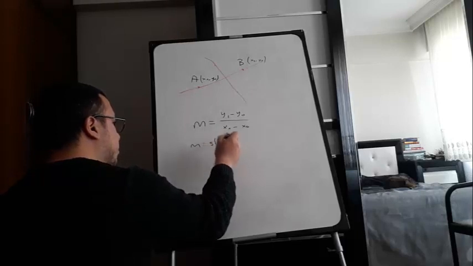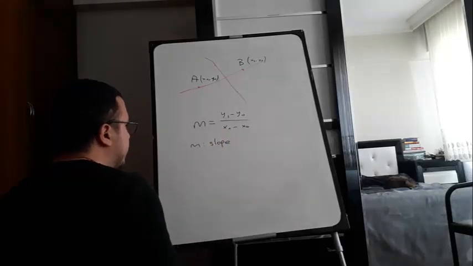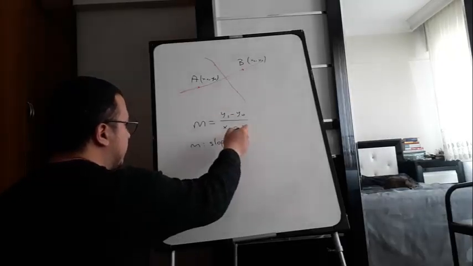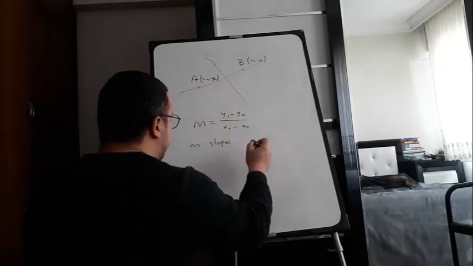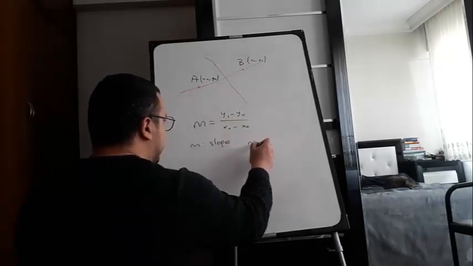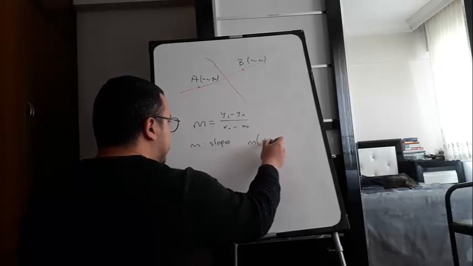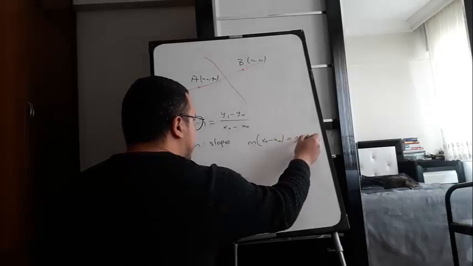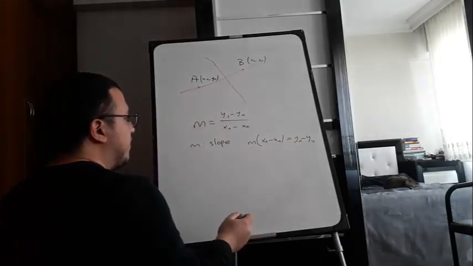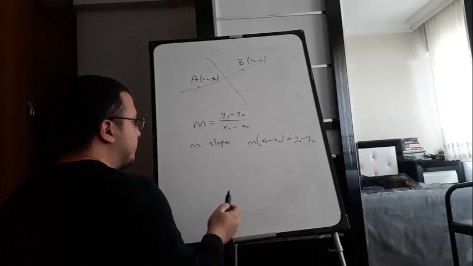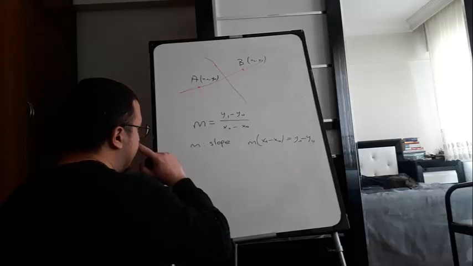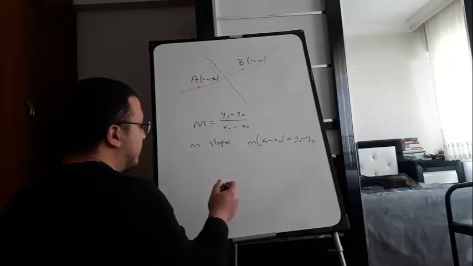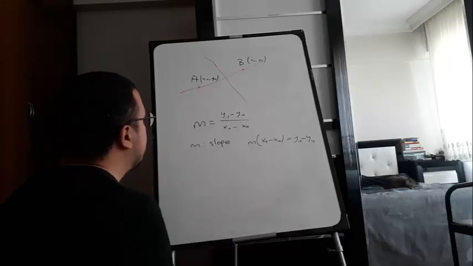In this way we rearrange this equation: m times (x1 minus x0) equals y1 minus y0. We can write the equation of this line as this.